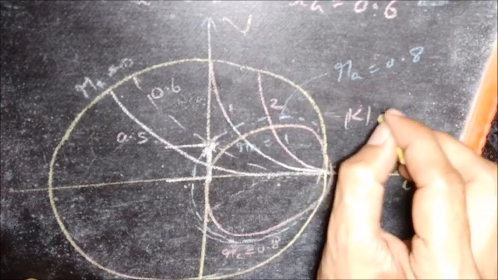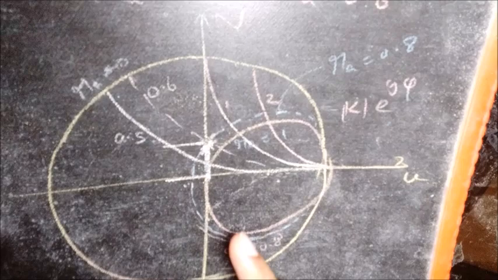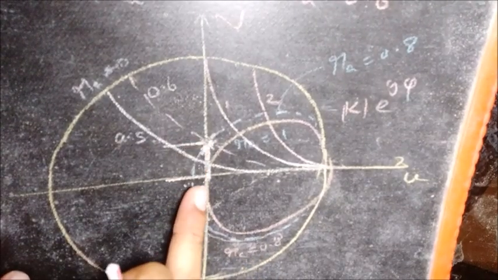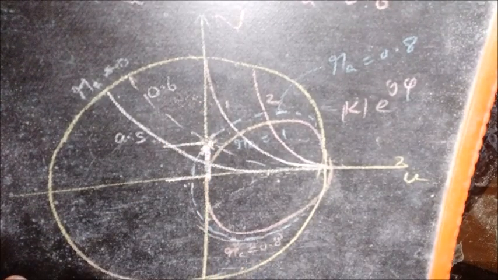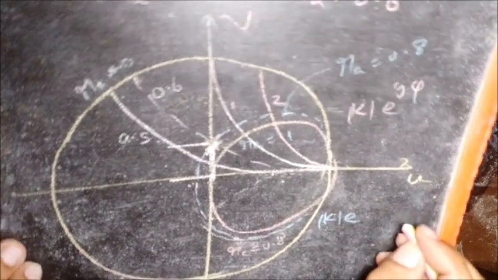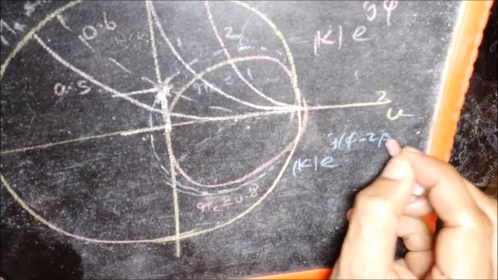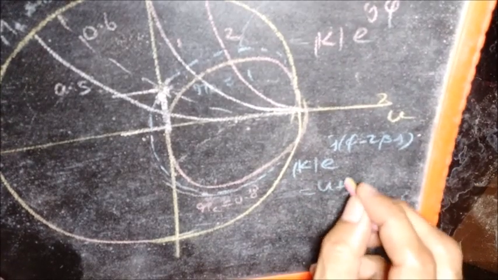K e power j phi will be this, because this point has a particular u and a particular v, and remember K e raised to j phi minus 2 beta s is u plus jv.